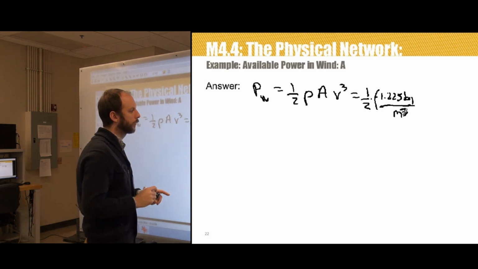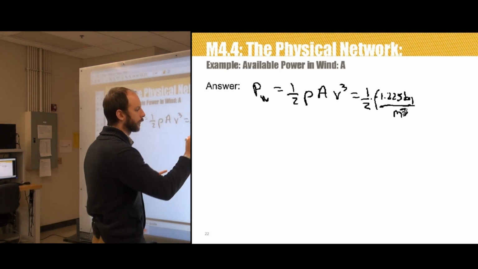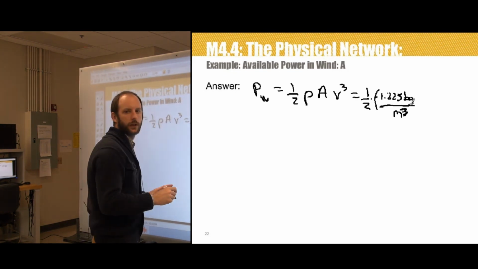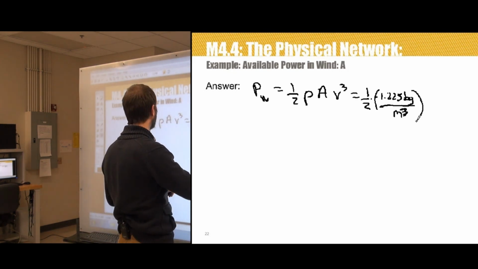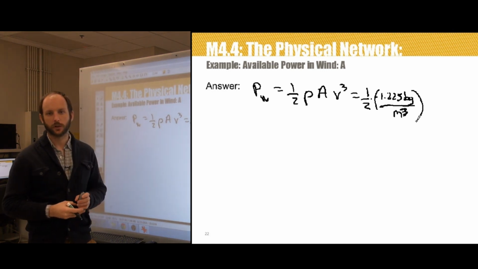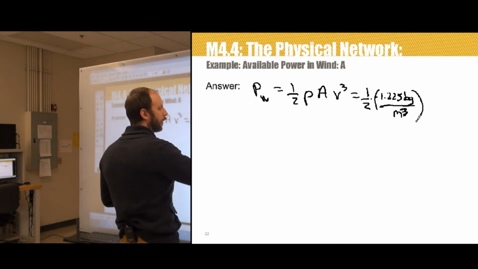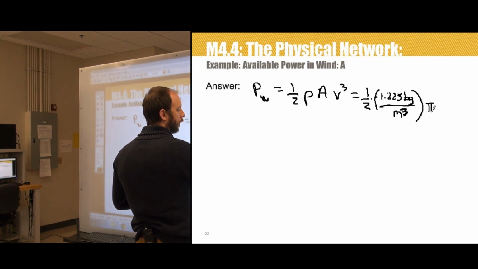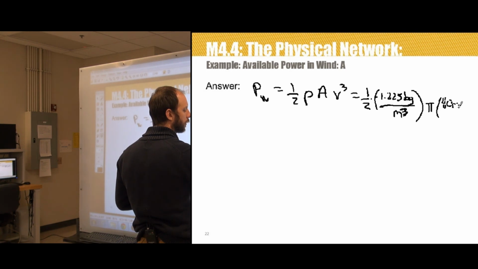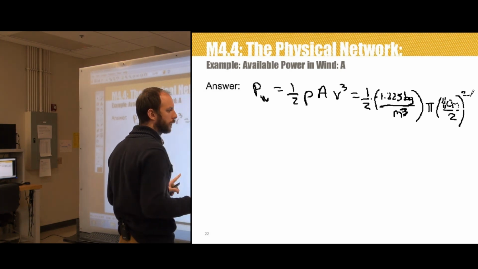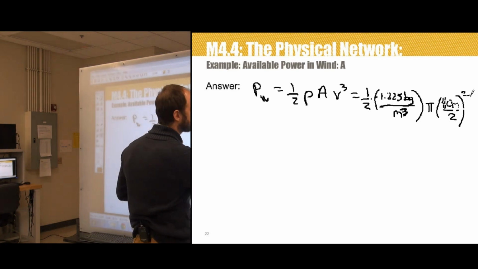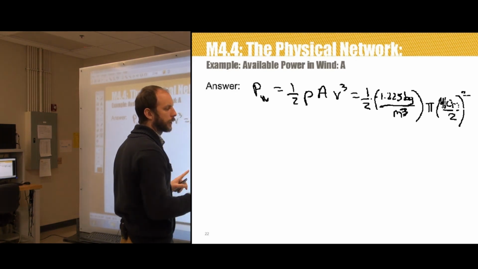We need to then multiply that by the cross-sectional area, which is pi r squared, where the radius is 40 meters divided by 2.